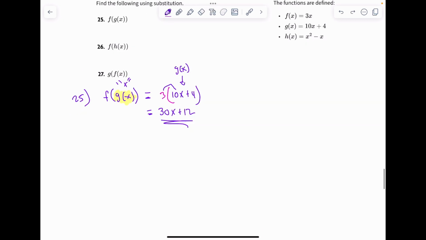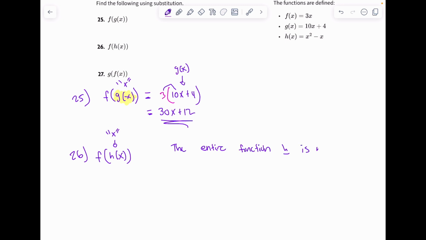Let's do 26 now. 26 is f of h of x. So this right here is my x variable. The entire function h is my x variable. This entire thing, this whole equation, that is my x.